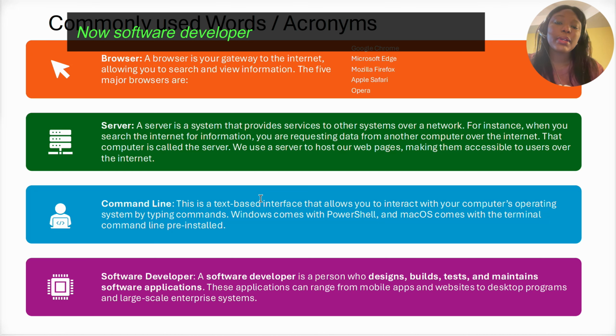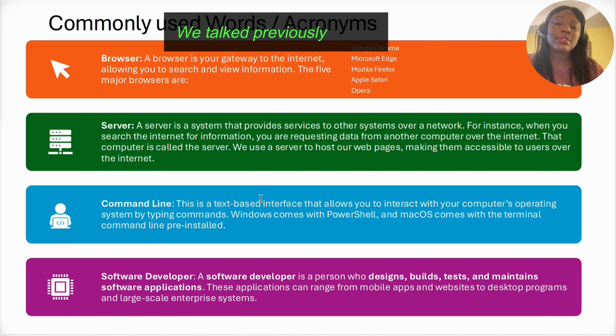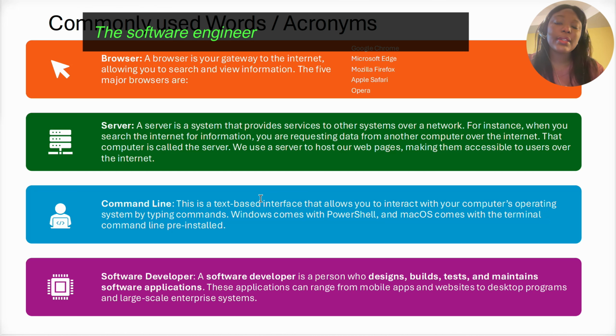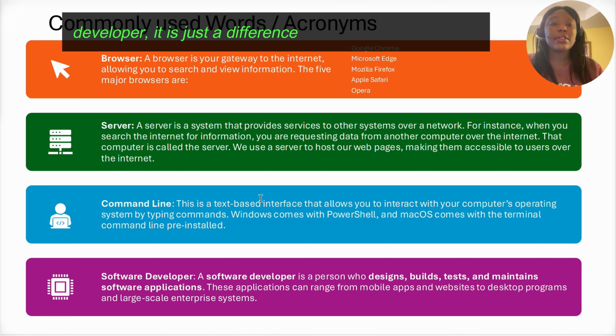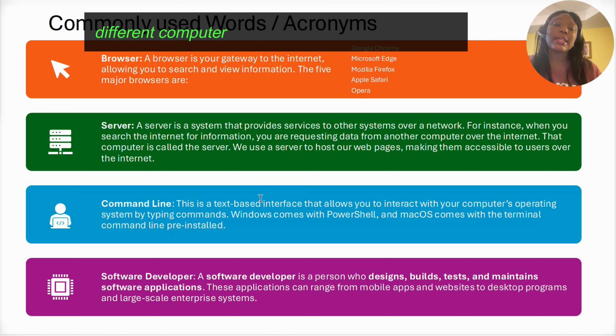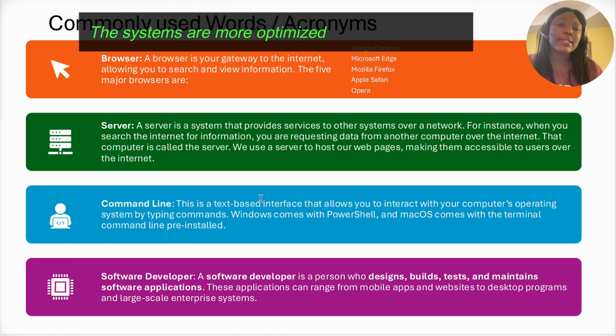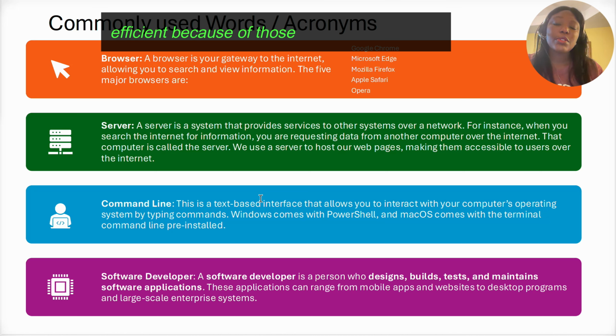Now, a software developer is a person that designs, builds, tests and maintains applications. We've talked previously about a software engineer, which is similar to a software developer. It's just a difference of their mindset and how they do things. While engineers have engineering principles and different computer science principles that they use to build systems, the systems are more optimized and more efficient because of those principles.